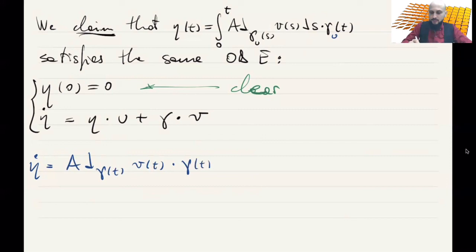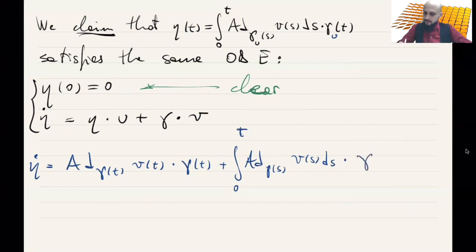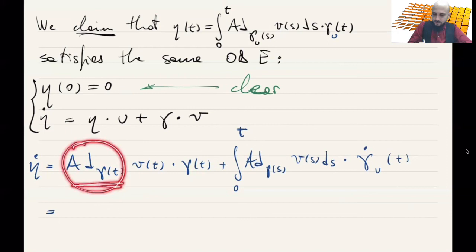And then I have what's on the left, the integral of gamma(s) v(s) ds from 0 to t. And now I have to take the derivative of gamma, and that's gamma dot. Now, the adjoint for matrices coincides with the conjugation.